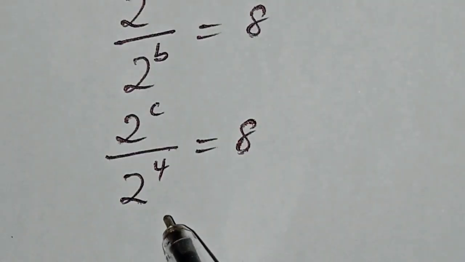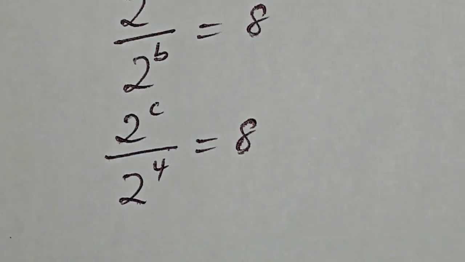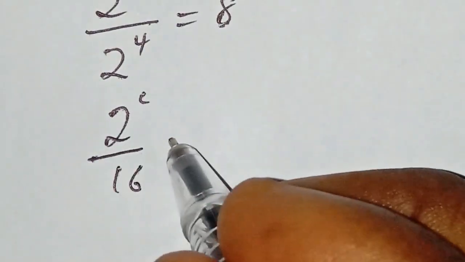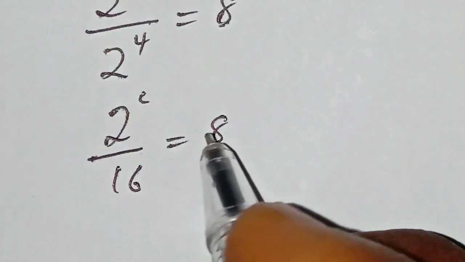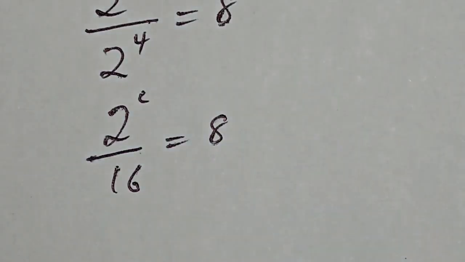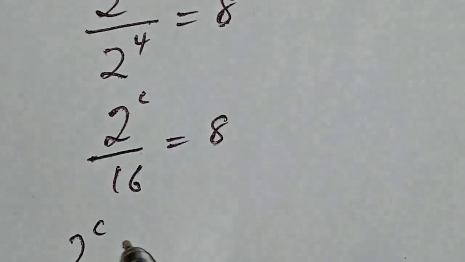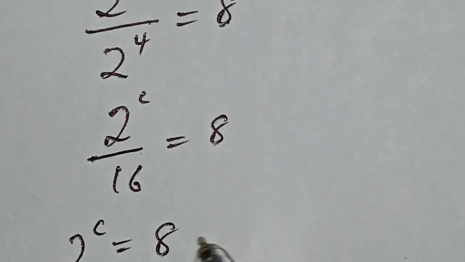So 2 to the power of 4 is given as 16. So we have 2 to the power of c over 16 equal to 8. And that can be expressed as 2 to the power of c equal to 8 multiplied by 16.